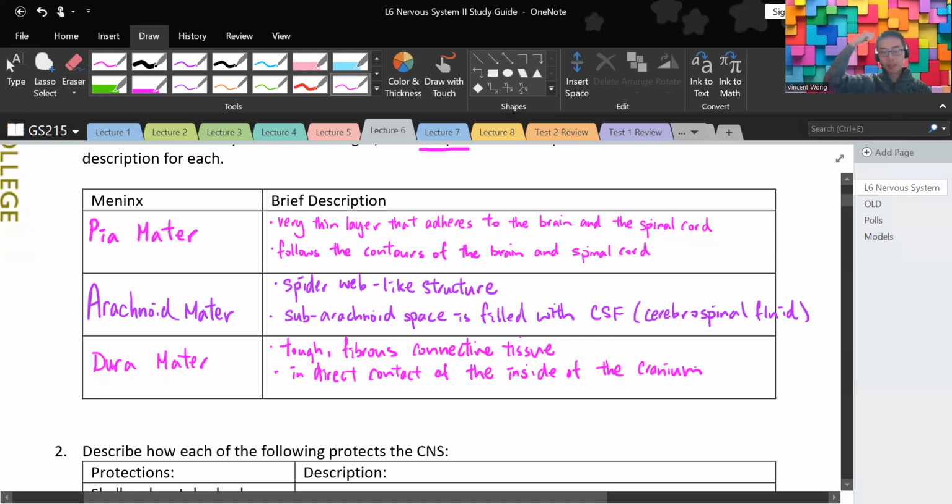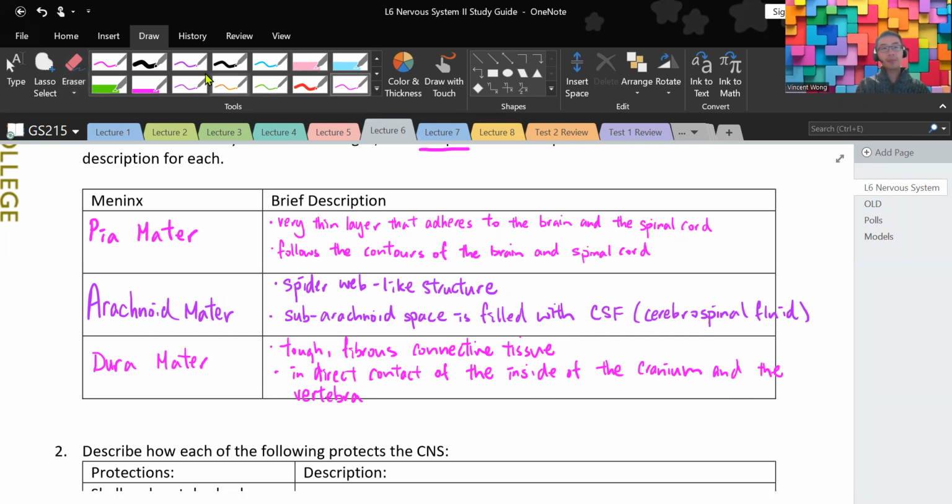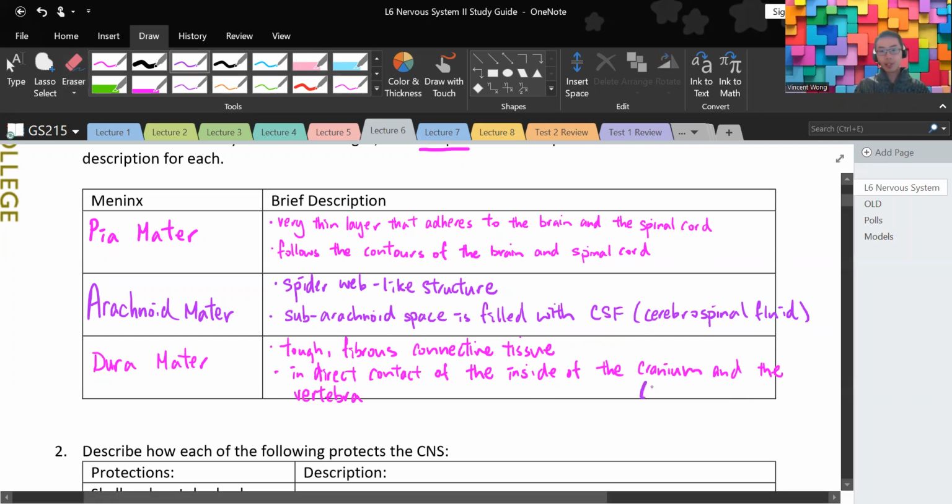Like this part, that's cranium. And the backbone, which is called the vertebrae, or vertebra for plural. So the skull is the cranium right here, and the vertebra is basically the backbone.